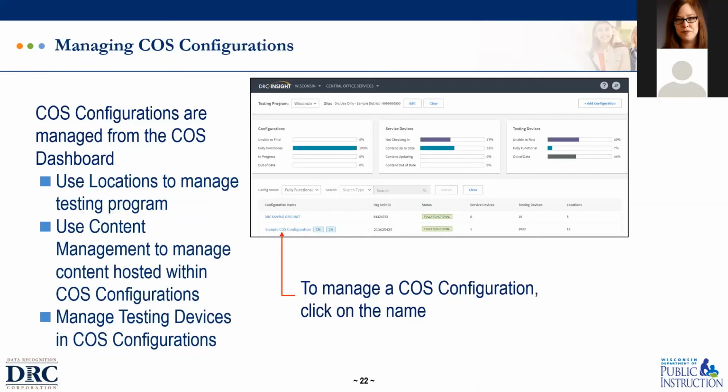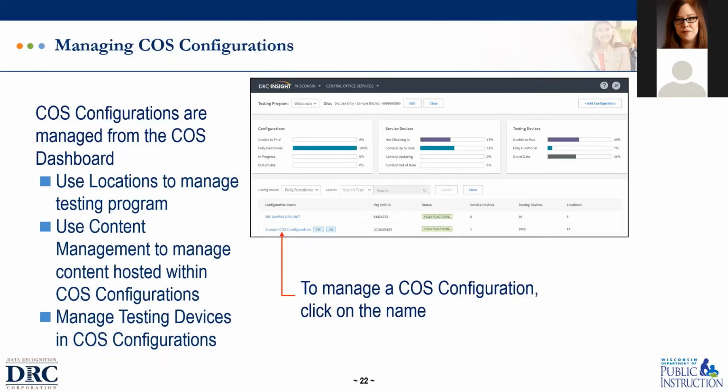Again, functionality you're going to see is going to be very much the same. So we're going to walk through just a couple scenarios around managing COS configurations that we get common questions on. One is around how to manage programs, testing programs within a location.